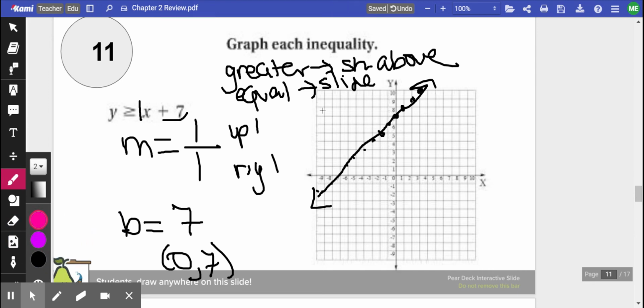And I'm going to shade above. So if I look at my y-intercept of positive 7, numbers bigger than 7 are 8, 9, 10, all the numbers up here. Since I shaded that side, I'm going to continue shading the same side I'm on and just not go over my boundary line. And that's how you graph a linear inequality.